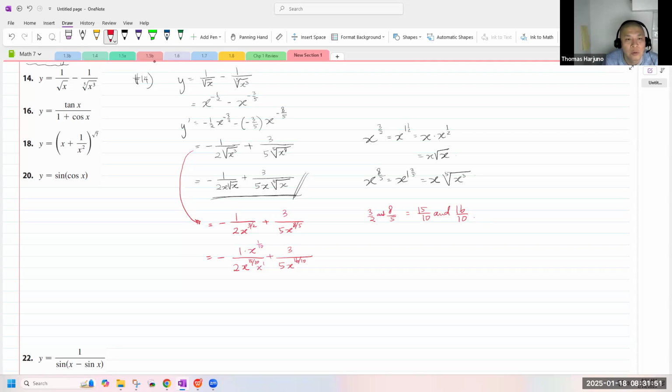Now for the coefficient of the denominator, I need 5 here, I need 2 here.